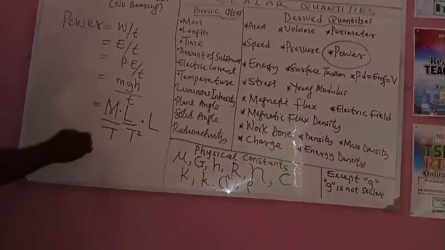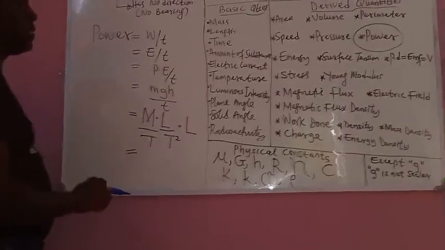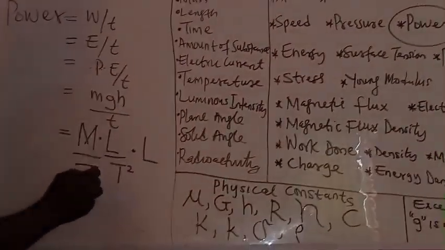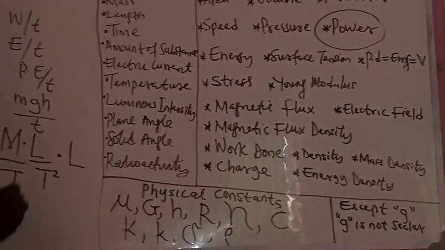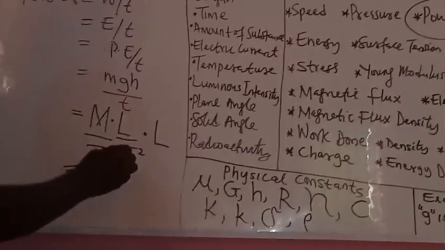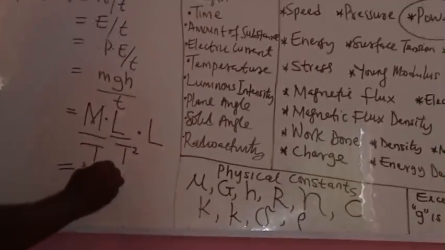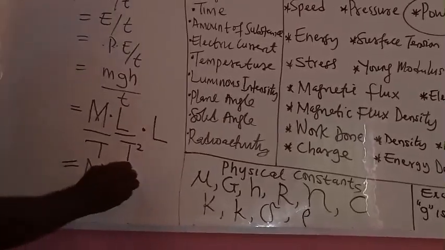Now, if you look at this, you will see the reason why power is never a vector quantity, based on this postulate that I've created. Here there is mass. You separate that one. Here we have length over t. I want to pick this length over t. Then there's another length up here.